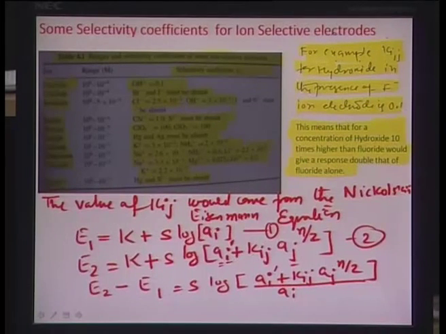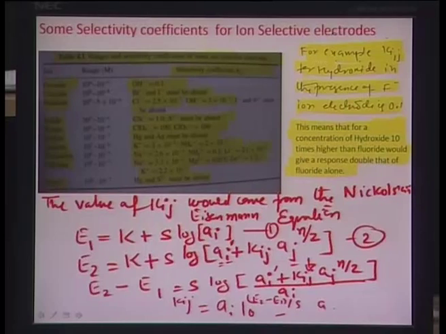So if we solve this equation and try to find out what Kij is from this equation, Kij can be written down as AI times 10 to the power of E2 minus E1 divided by S, minus AI dash, okay, divided by Aj to the power of n by z.